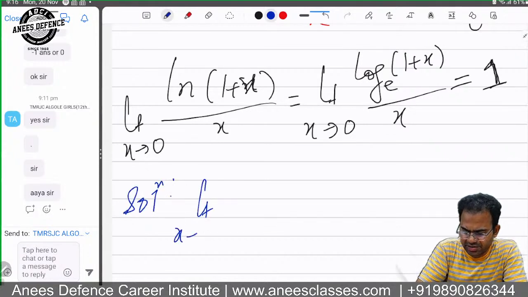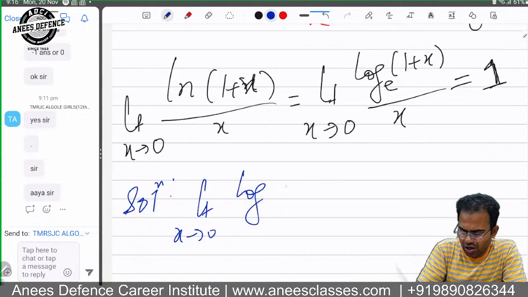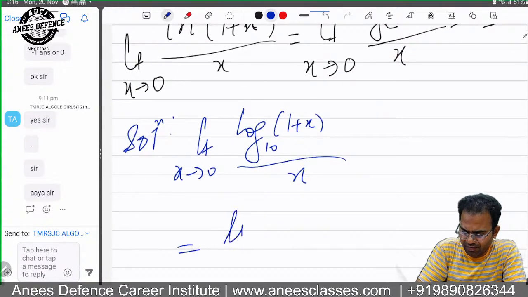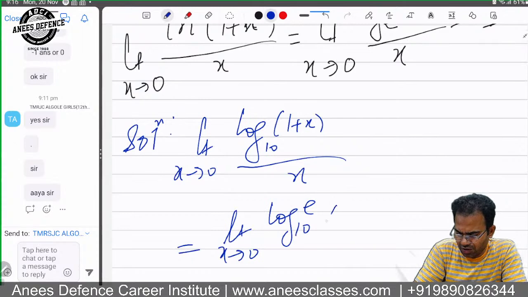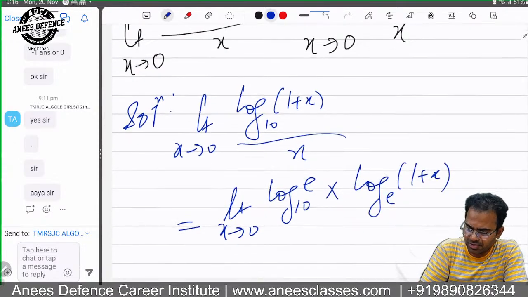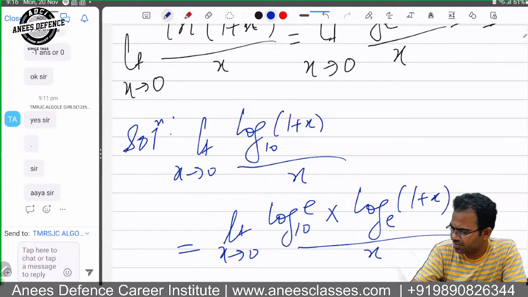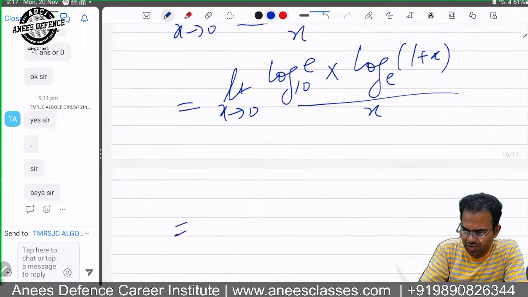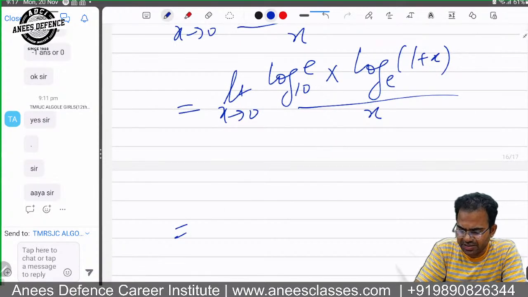The question is limit x tends to 0, log 1 plus x to the base 10 upon x. First of all, we will change the base. So I will write log e to the base 10 into log 1 plus x to the base e by x. Right? So log e to the base 10 is a constant, so I will take it outside the limit.